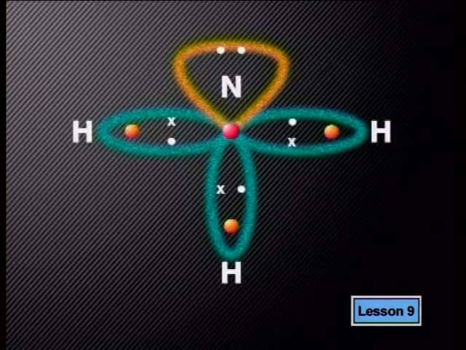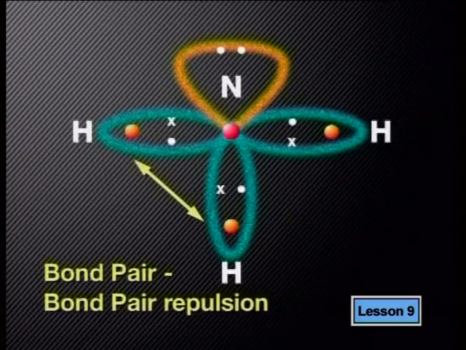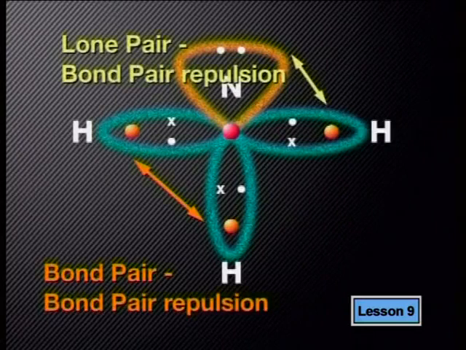Notice that in the ammonia molecule, there are 2 types of repulsion forces to consider: bond pair bond pair repulsion, and lone pair bond pair repulsion. Can you predict which will be greater? Well, since the negative charge on the lone pair is greater and the electrons in this region take up more space, I think you will agree that lone pair bond pair repulsion is greater than bond pair bond pair repulsion.